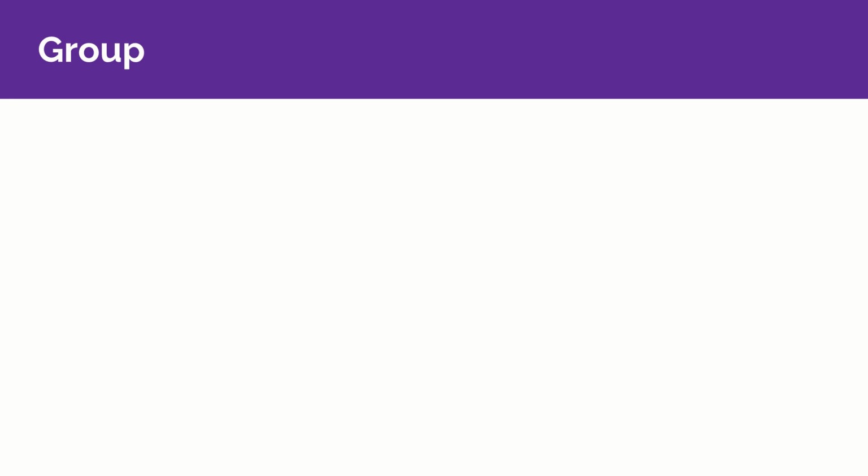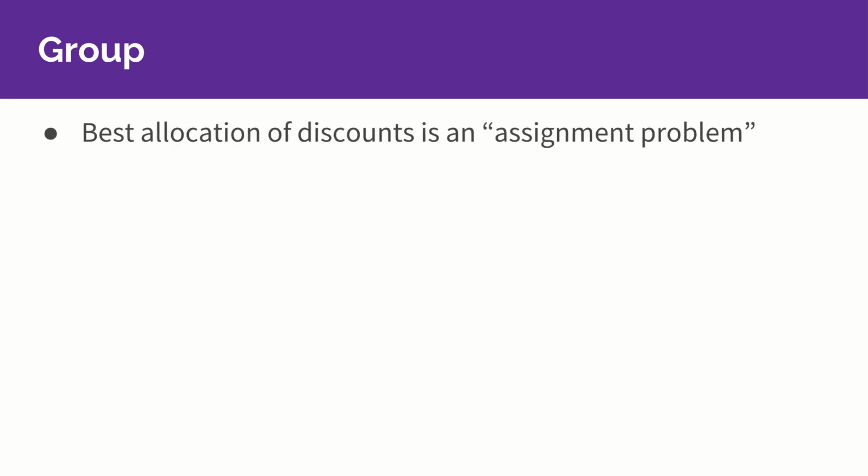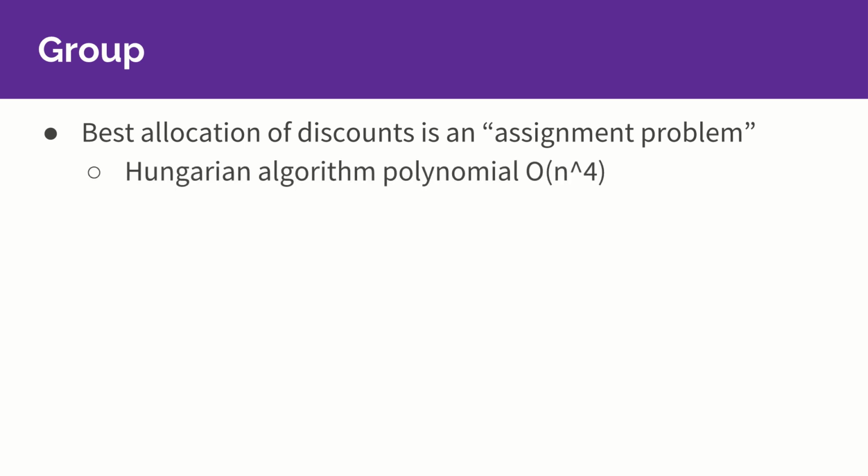And we need to work out what's the best combination of fares for that group. And it turns out this is actually a slightly tricky problem. This is known as the assignment problem, and the only algorithm I've seen that solves it is called the Hungarian algorithm. Unfortunately, it's pretty slow, so it's order of n to the 4, which is pretty bad.